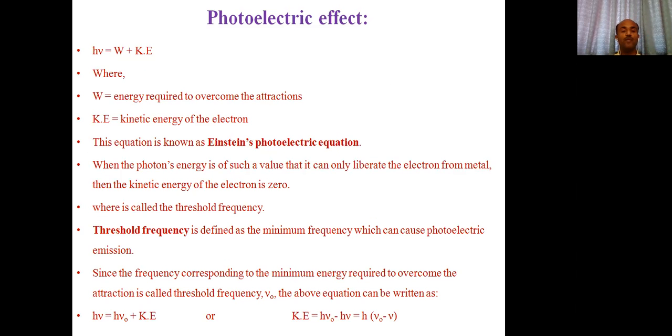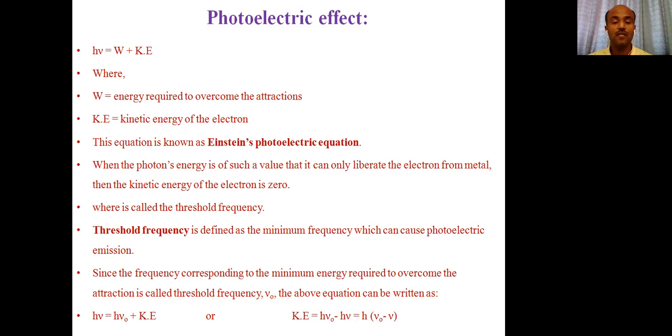Therefore, h nu, the energy supplied by the radiation, is used to perform work for ejection of the electron from the metal surface, and the rest of the energy is used to give kinetic energy to that particular electron. So in this equation, W is the energy required to overcome the attraction, and kinetic energy is the kinetic energy of the electron. This equation is known as Einstein's photoelectric equation.